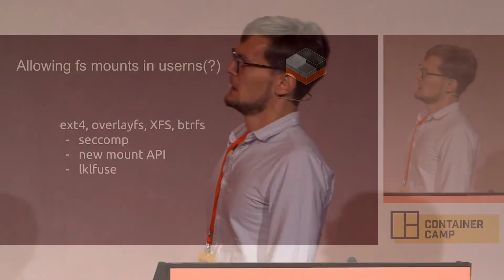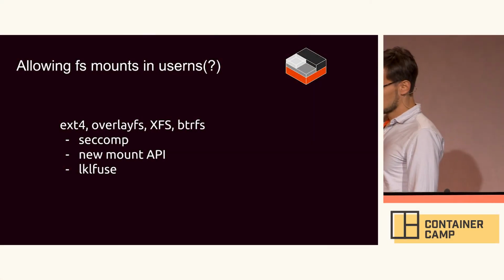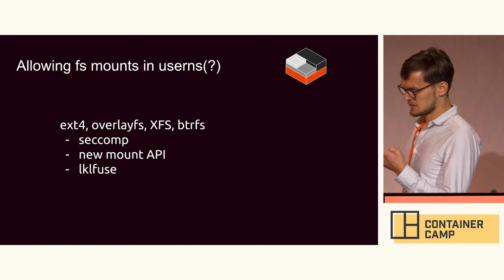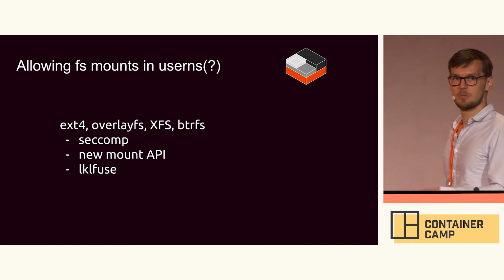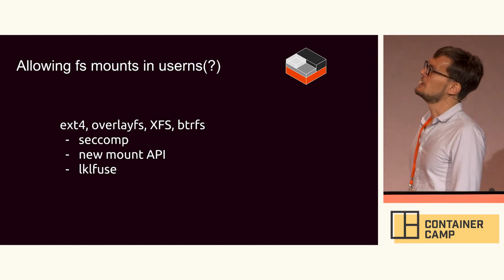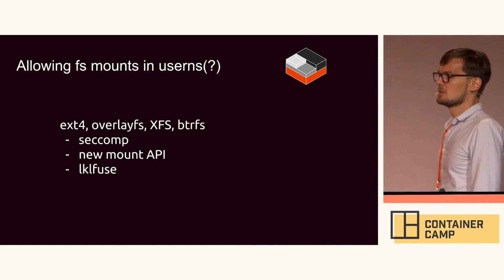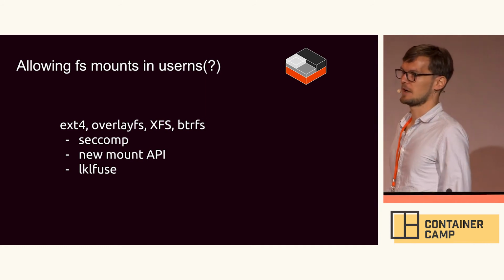There is a new mount API coming up, and the way it is designed, I like it a lot. It's probably going to be a pretty good new mount API designed by David Howells and obviously also Al Viro. What it allows you to do is, I'm just going to mention two syscalls. First, the syscall fsopen, which opens an FD, and then a second syscall called fsconfig, which allows you to set mount options on this file descriptor.